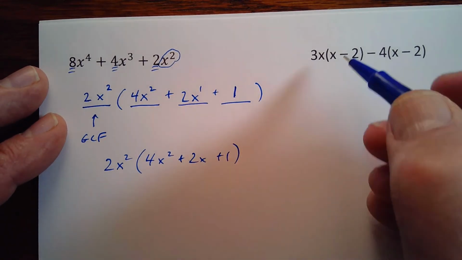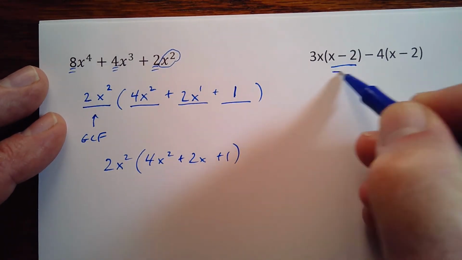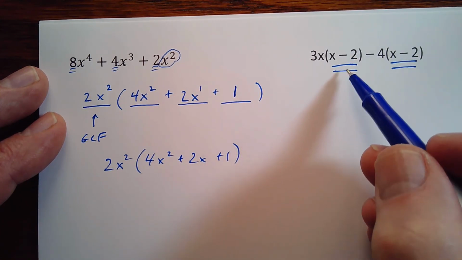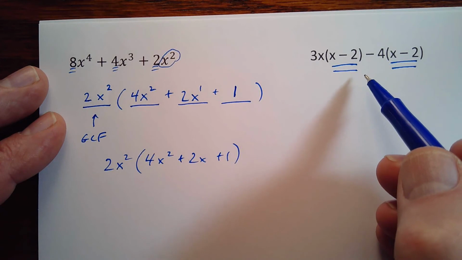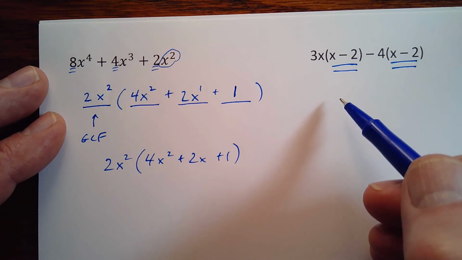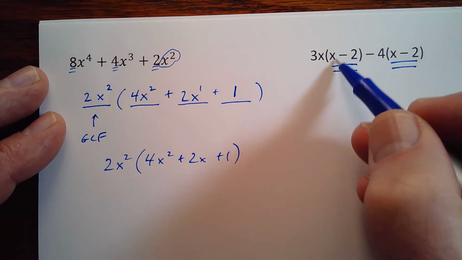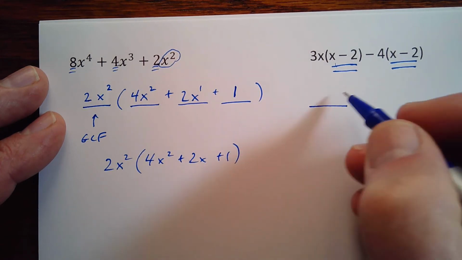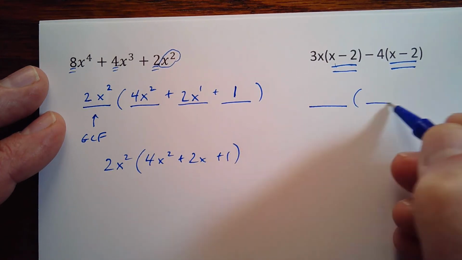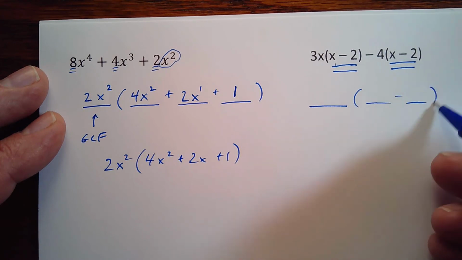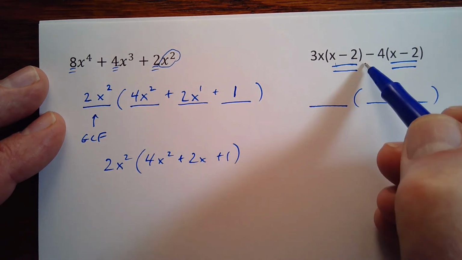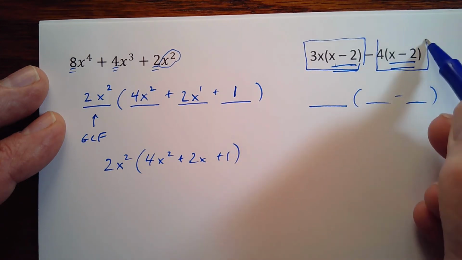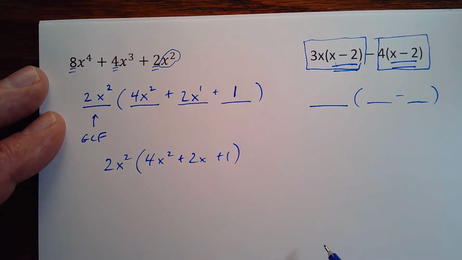This last example is a little bit of a trick question. We're going to do grouping and explain that in more detail in the next lesson on Wednesday, but that is the common factor between these two terms. So that can be my first blank, and then I'll still have blank minus blank for the inside. So you got to kind of think of this as being a big fancy binomial that has a binomial part to it.